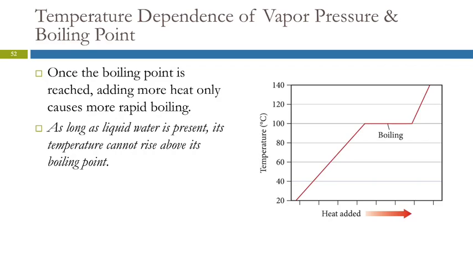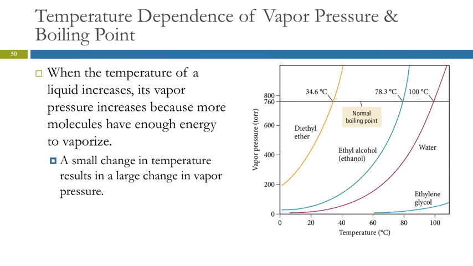Pressure. Pressure cooker. You've heard of those? How does that make your food cook faster? When you put pressure on this system, it increases the boiling point of the water. So here it's boiling at 100. If you allow the pressure to increase by putting a lid on it that seals, you can get water to boil at a higher temperature. Then your food's going to cook faster.